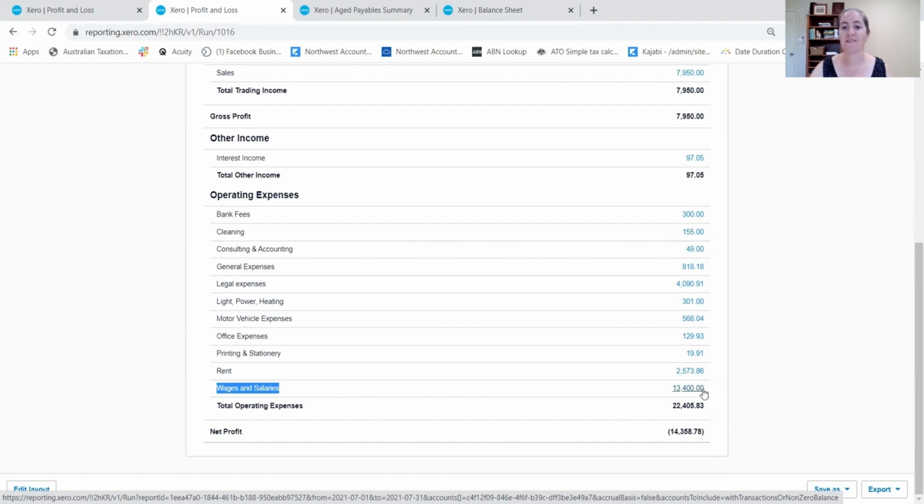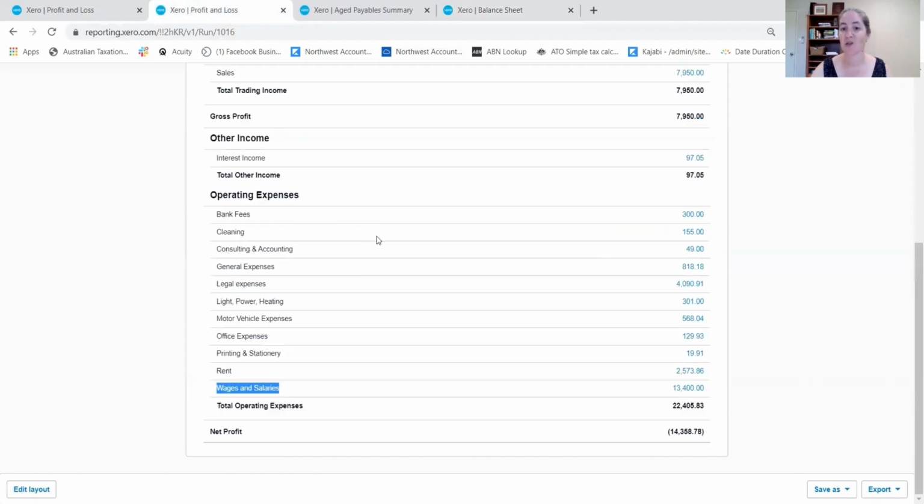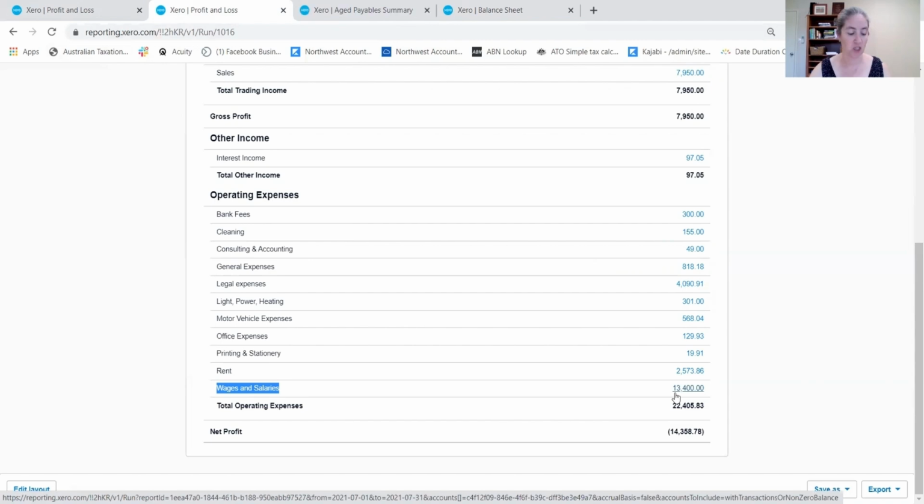What's showing on your profit and loss is the amount that you've paid for wages plus the pay-as-you-go withholding that's already showing on your balance sheet now. So be mindful that just because it's on your profit and loss account doesn't mean you've physically paid it either. It's assuming that you've paid pay-as-you-go tax, but most people don't.